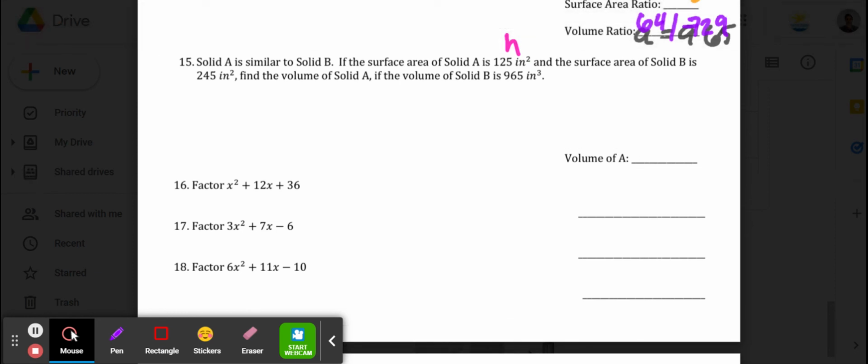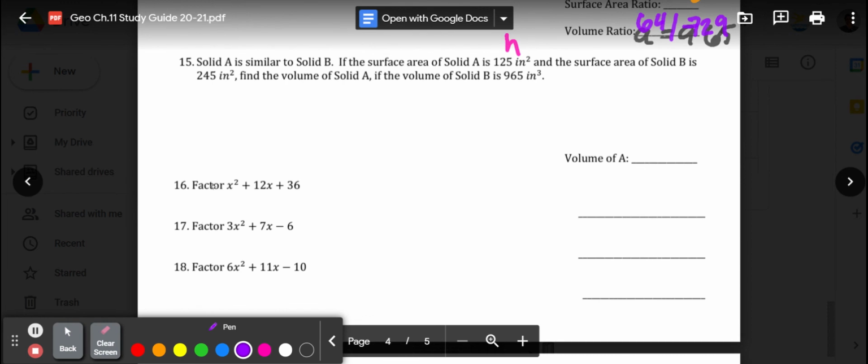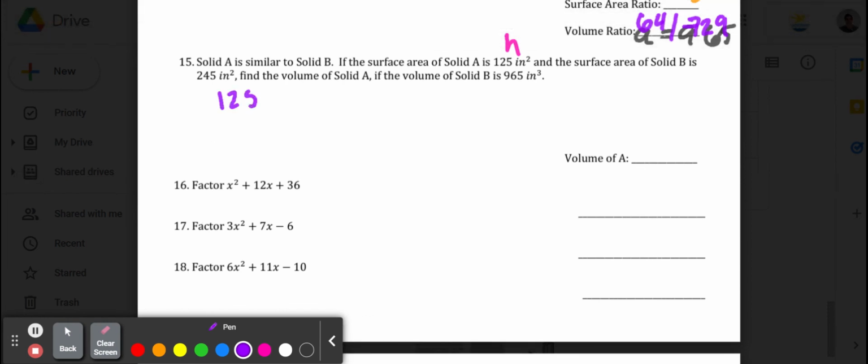Okay, we have the surface areas. So we're going to do our surface areas together. So we got 125 over 245. That's my A squared to B squared. So the first thing I want to do is say, what numbers could I reduce this to? So 125 divided by 245, what would that reduce to? If you have a calculator that works well, then I would use that.